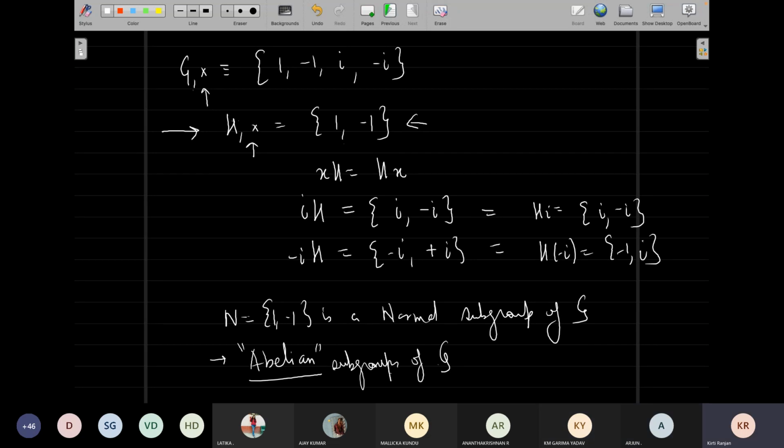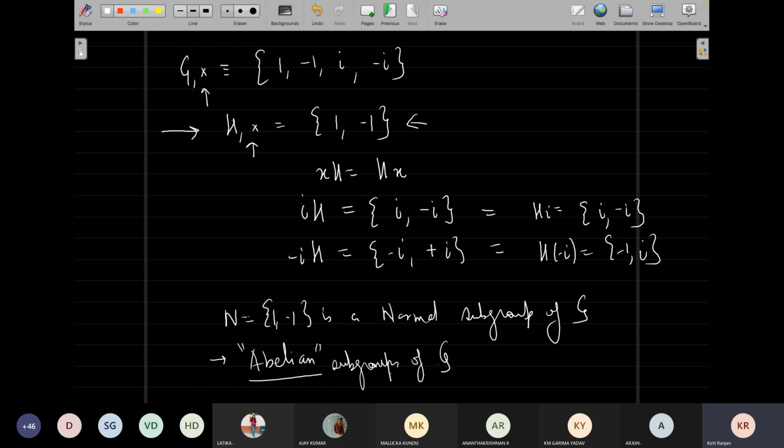So in the case of abelian subgroups, this will always hold true: the left cosets will be the same as the right cosets. So the abelian subgroups are always normal subgroups by default. That's something interesting: the cyclic groups are always abelian, abelian groups are always normal. These are some of the properties which are coming naturally, again by extending the concept of cosets.